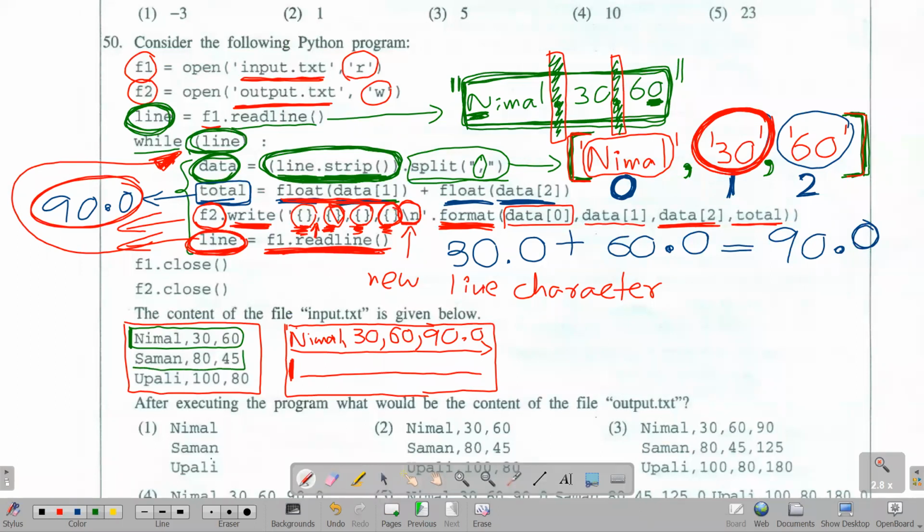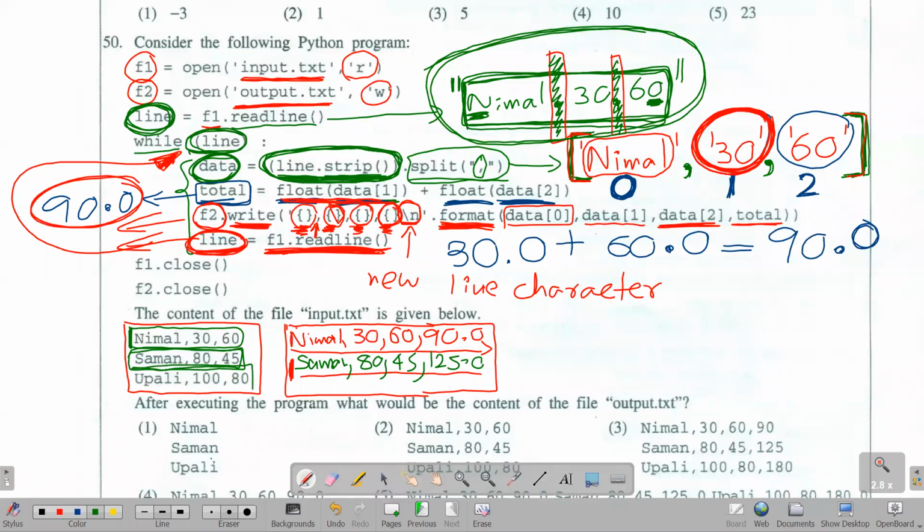It will read this line of the input.txt. So Sumon 8045 will go through the same situation as Nimal 3060. That means it's going to write over here Sumon, 80, 45, 125.0.